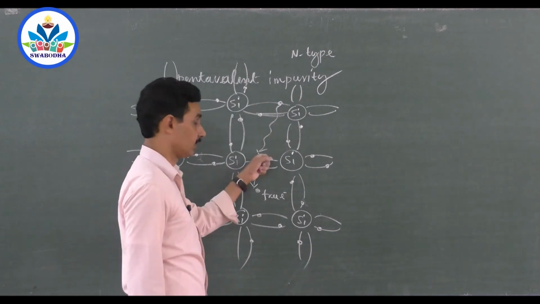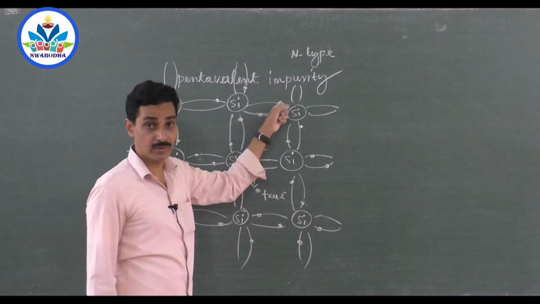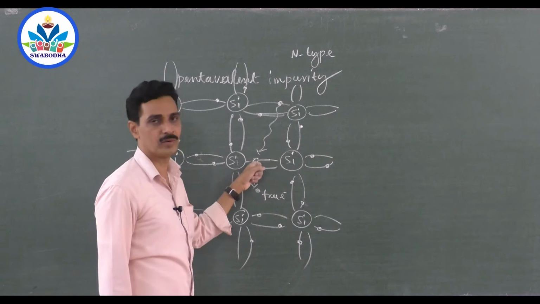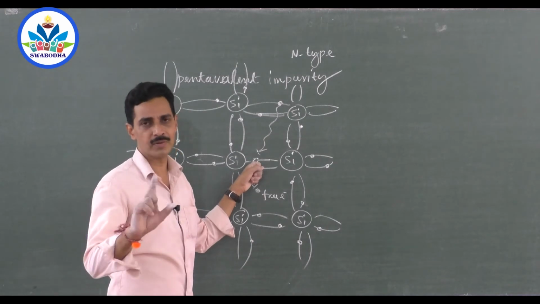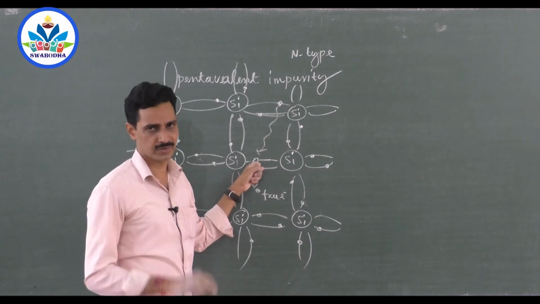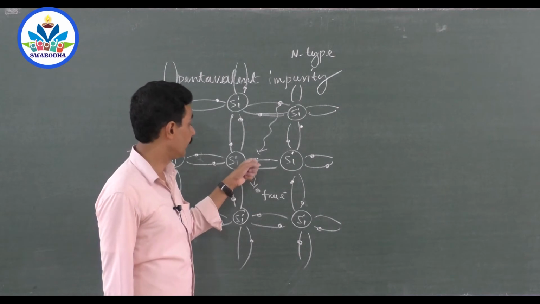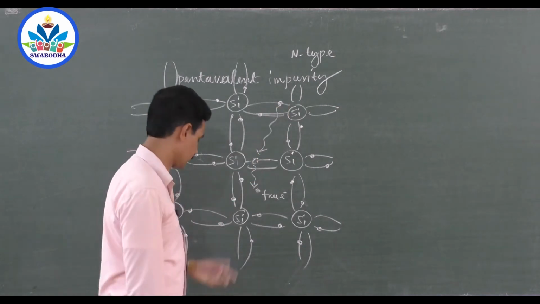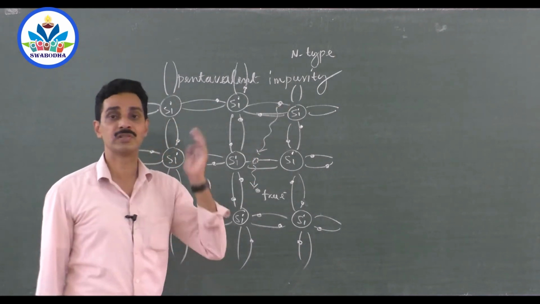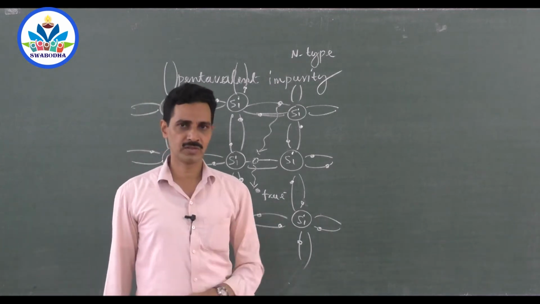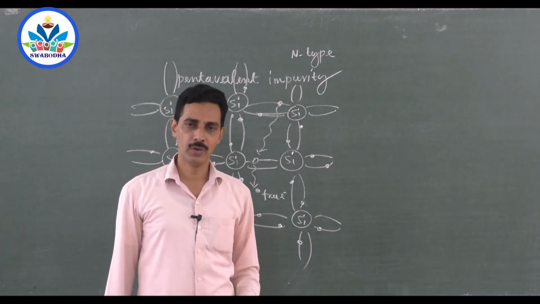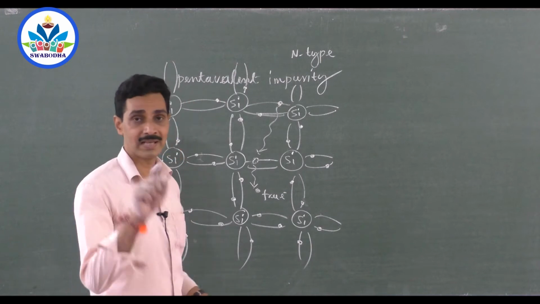But this electron, when it comes, was a bound electron earlier, and it is a bound electron now, so its motion is not called free electron motion. But the vacancy has shifted here. We call that the motion of a positive charge, opposite to the motion of the electron. That is called motion of hole, the absence of an electron, which carries a positive charge.